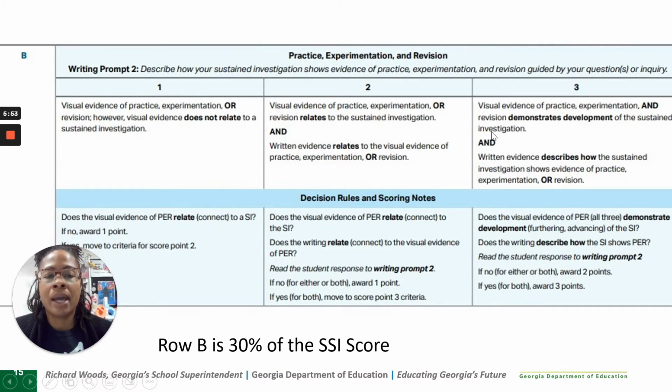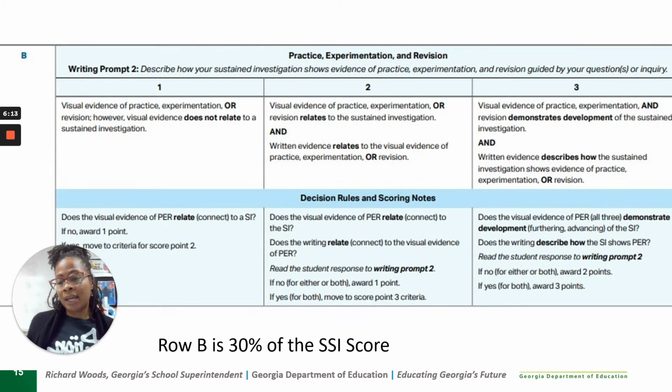And then you're looking at this and down here, which is the same as score point 2, but this describes as opposed to just relates. So making sure that students are being very clear in their writing, using the verbiage of the rubric, and also taking advantage on their slides to talk a little bit more about how specifically they're doing this.